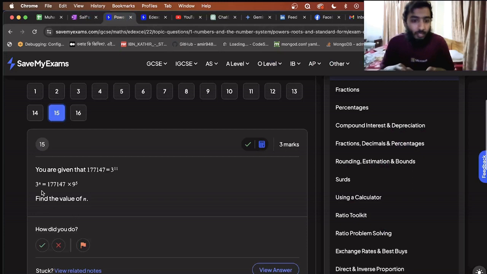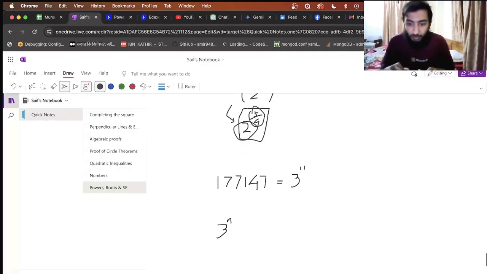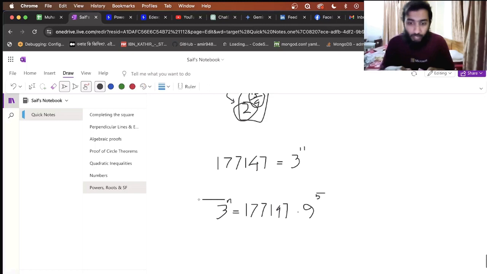Another piece of information given is the equation: 3 to the power n equals 177147 multiplied by 9 to the power 5. You have to find the value of n.